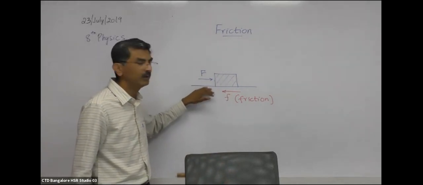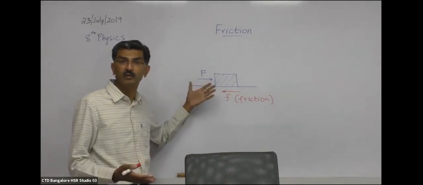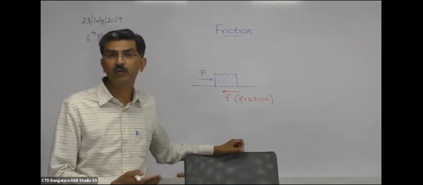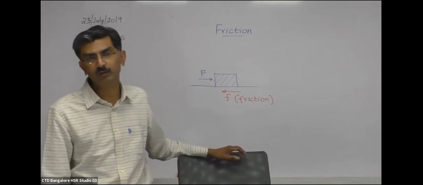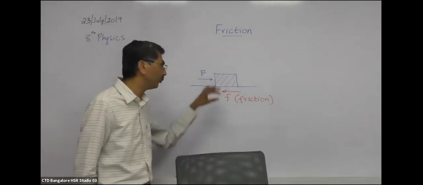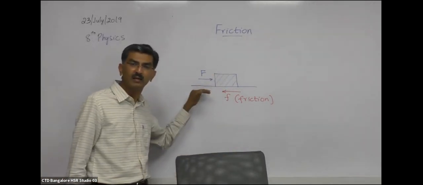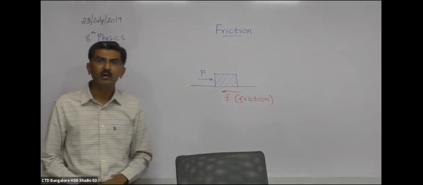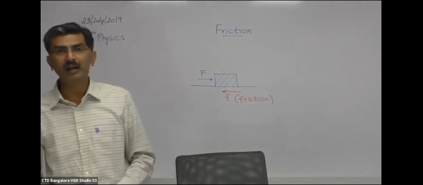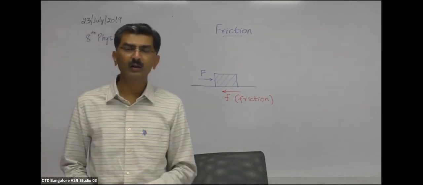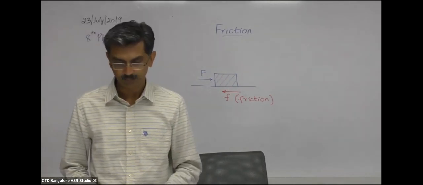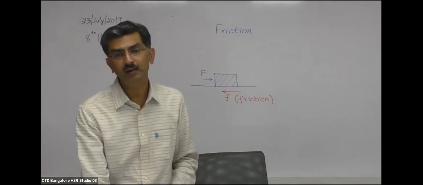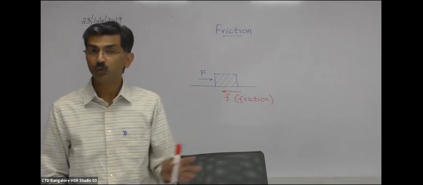If it is a very rough surface, it will offer greater friction than if it is a smooth surface. So it depends on two things: the weight of the object and the nature of these surfaces. And some simple activities that I did in the last class illustrated this point. Okay. So this was the summary of what we did in the last two classes.